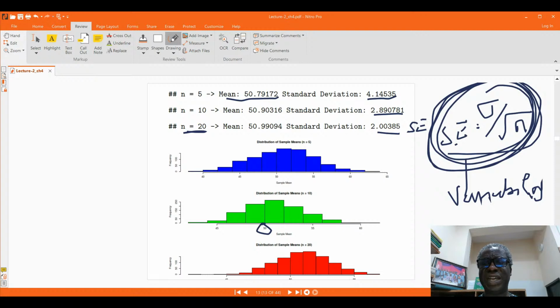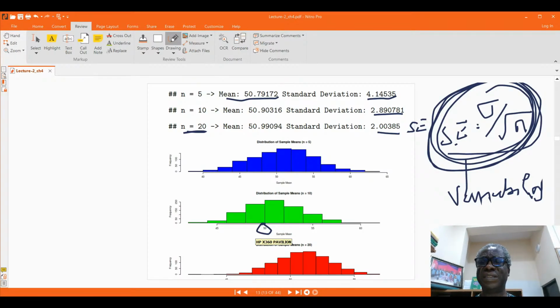When the sample size is 10, you can see the shift in the shape, and when the sample size is 20, you can also see the shape.